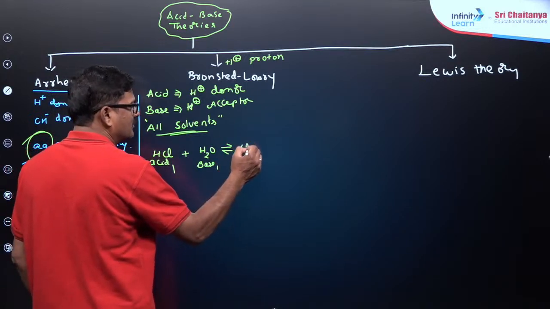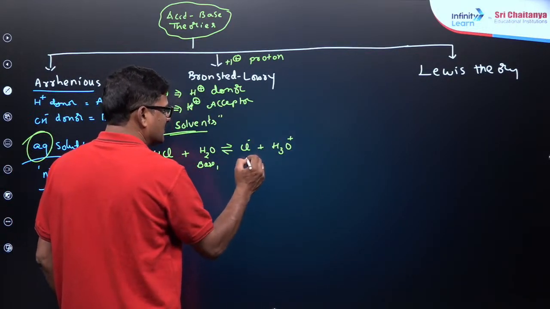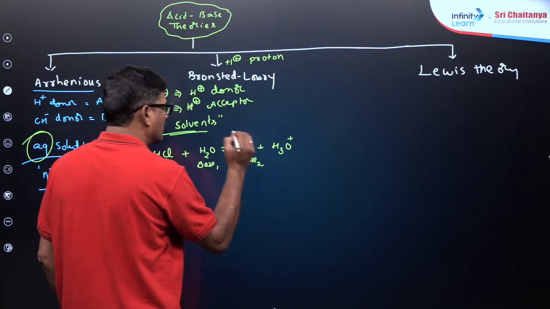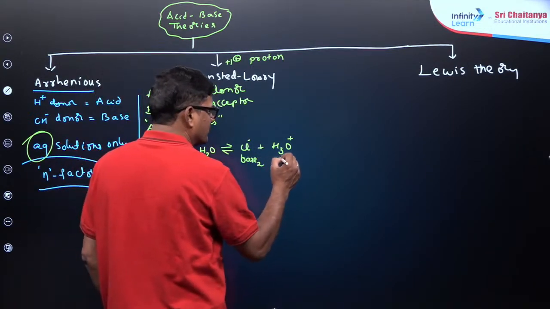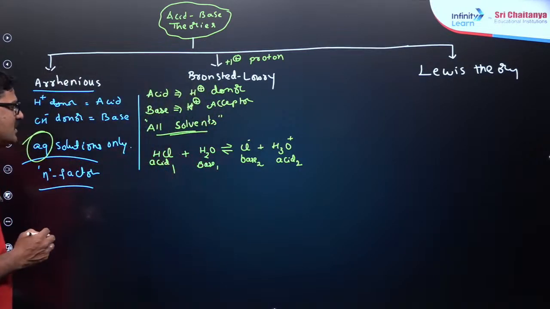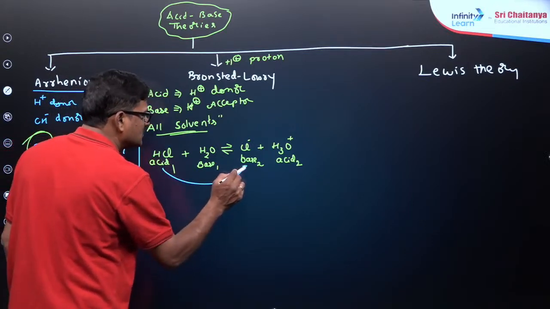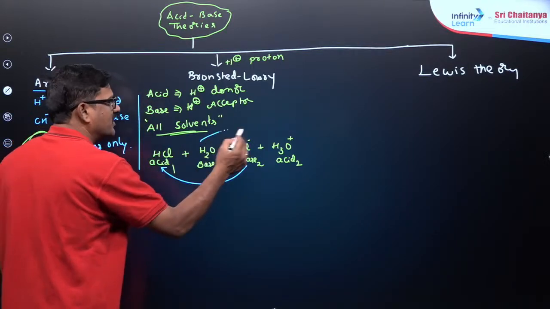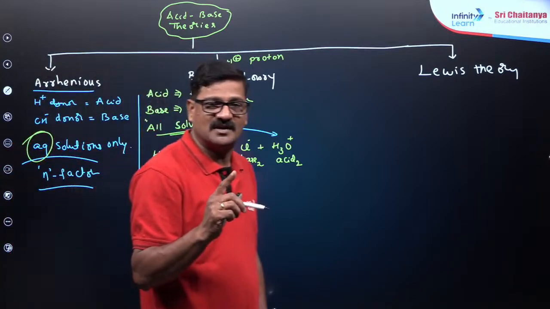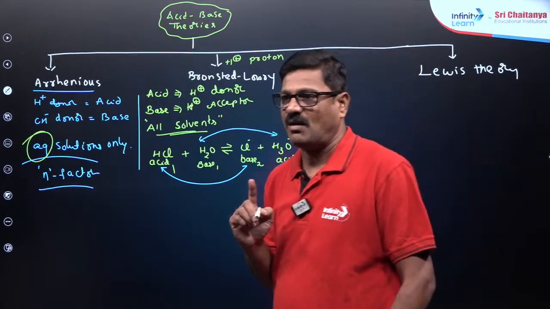It is going to give you Cl minus plus H3O plus. It is called base 2, and it is going to be acid 2. So I just want to say the conjugate acid base pair. Ye dono jodi hai na, this is called a conjugate acid base pair. A pair of species which differ by one H plus is called a pair of conjugate acid base.